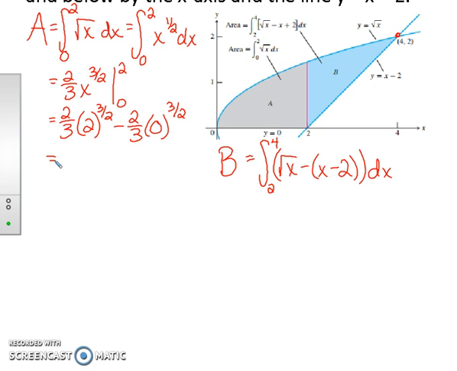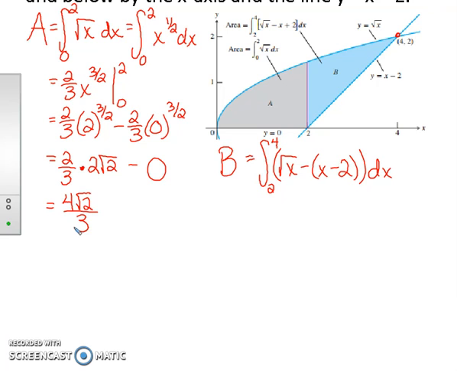So that's the square root of 2 times the square root of 2 times another square root of 2. So that would end up being 2 square roots of 2. And then this next part is just 0. So we end up with 4 square roots of 2 over 3 for region A.